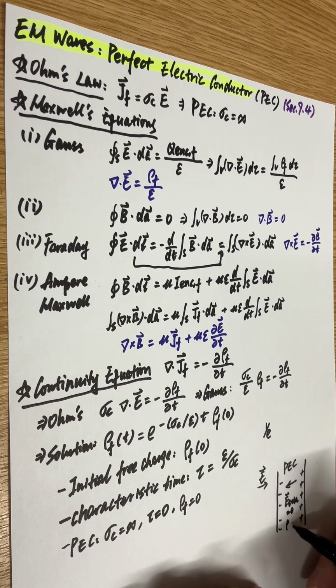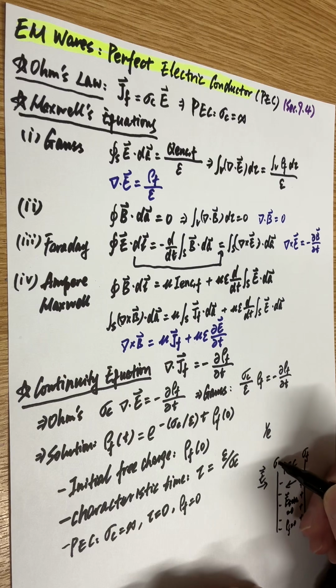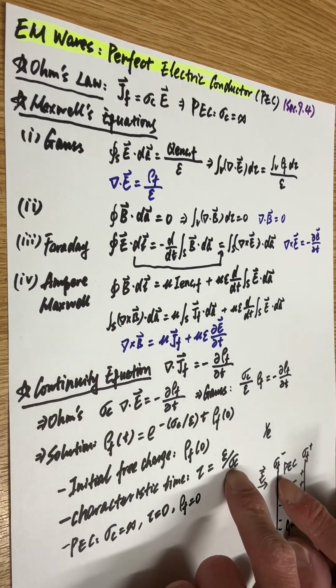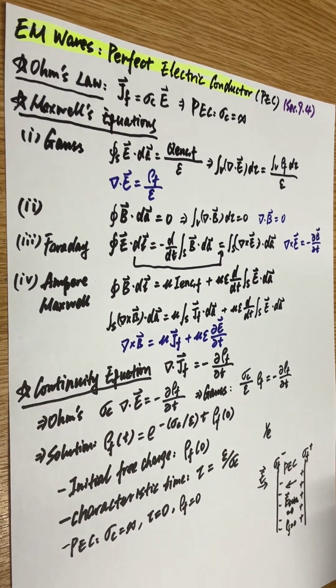So the volume charge density inside would be 0. But there is surface charge density. So the charge that resides on the surface, we would have surface charge density. Not to be confused with conductivity, so this is free charge density, surface charge density.